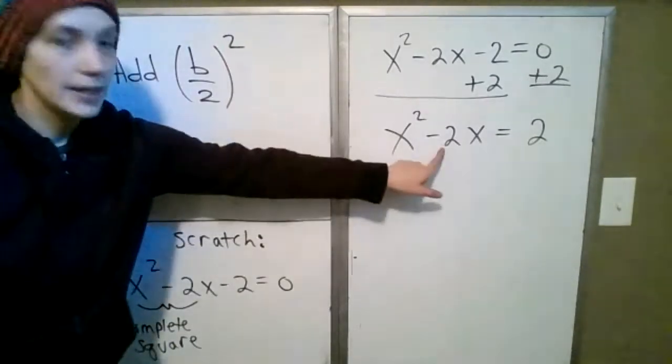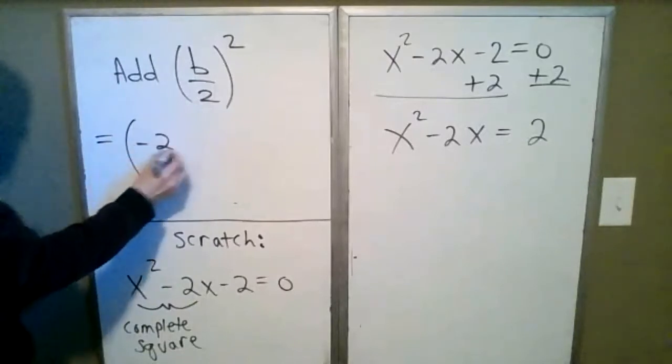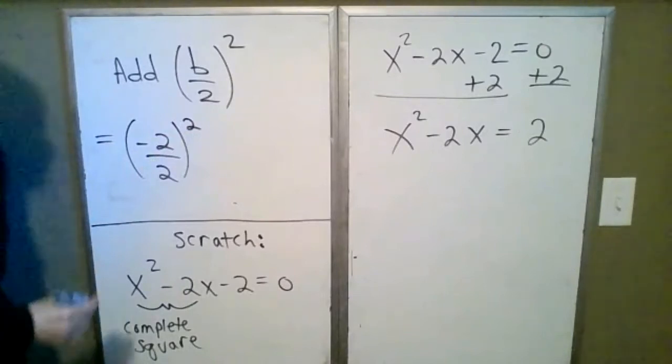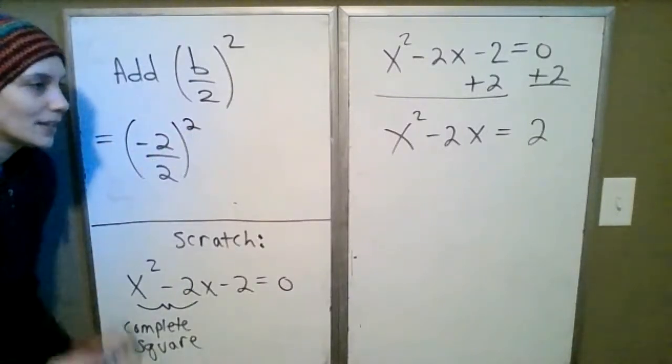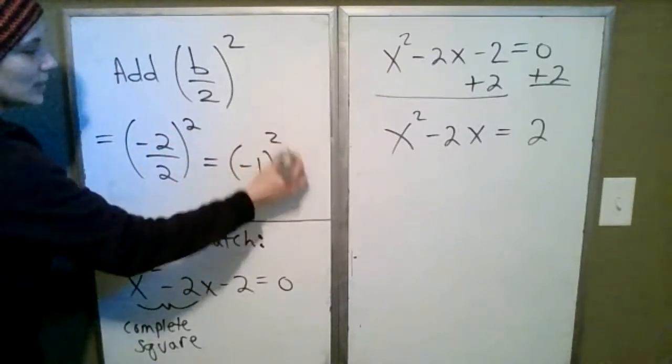And it's right here, -2. So divide by 2. It's a lot of 2's. But we've got -1 in the parentheses, and then that squared is +1.